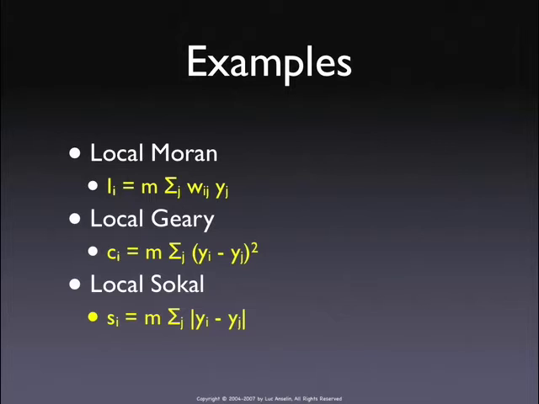Say we have Moran's I. For Moran's I, Aij is the cross product. Then we'll see later that a local Moran's I is some scaling factor, which we'll specify later, times the average of the neighboring values.